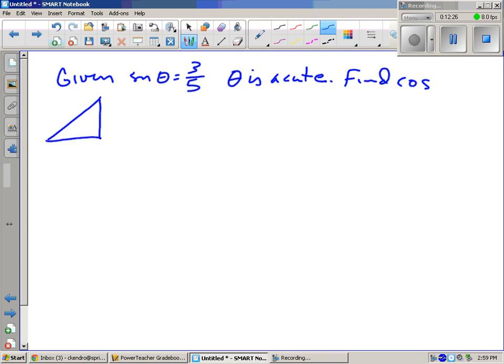One is to actually draw. If we call this theta, sine is opposite over hypotenuse. So opposite is 3, hypotenuse is 5. And if you do the Pythagorean theorem, this is a 3, 4, 5 triangle, so I know that this side is 4. So now cosine is adjacent over hypotenuse, so I know cosine is 4/5.